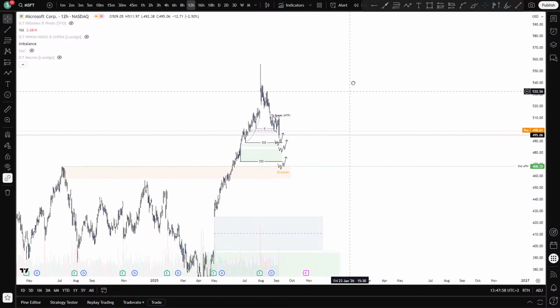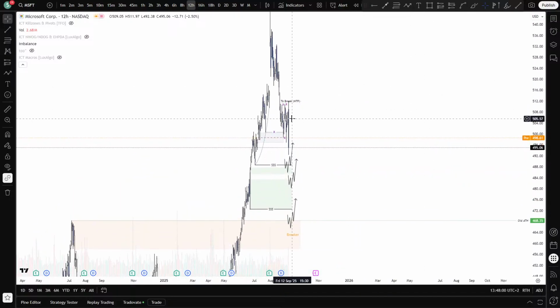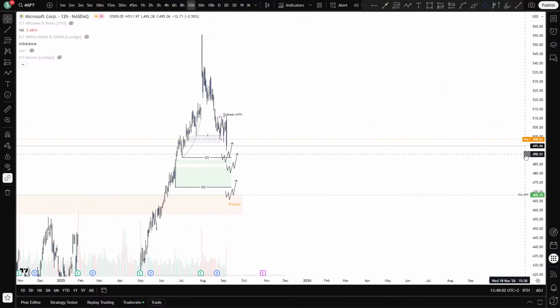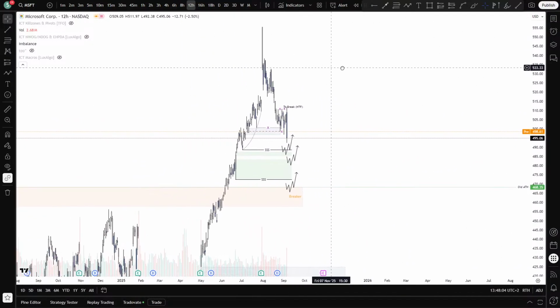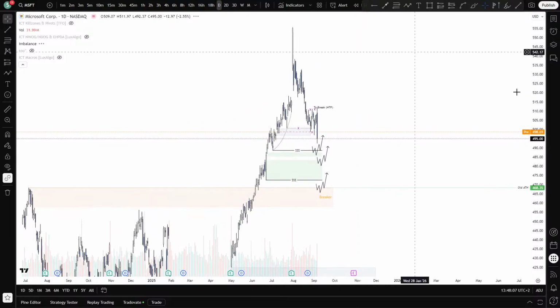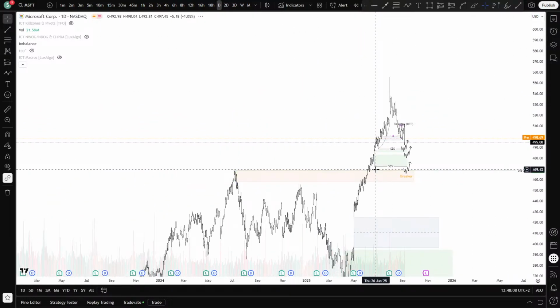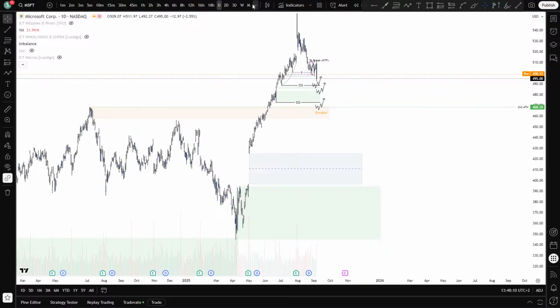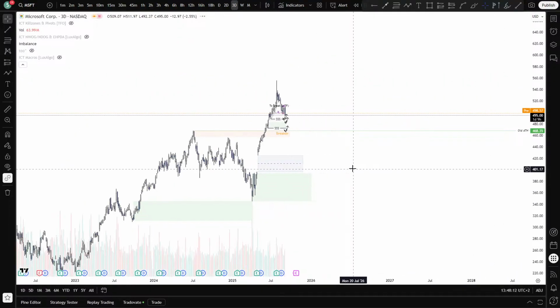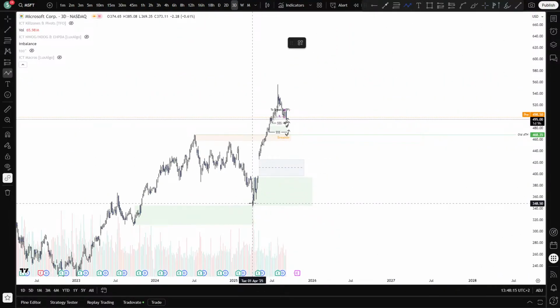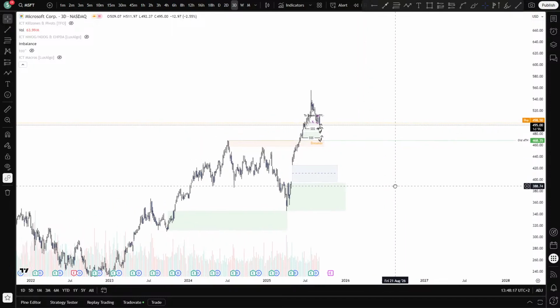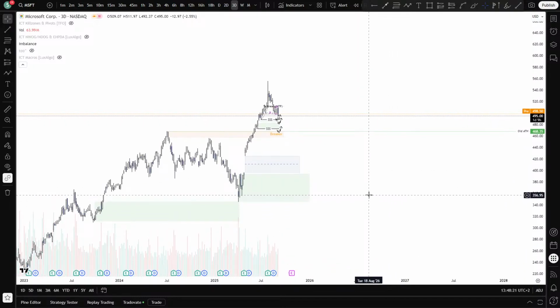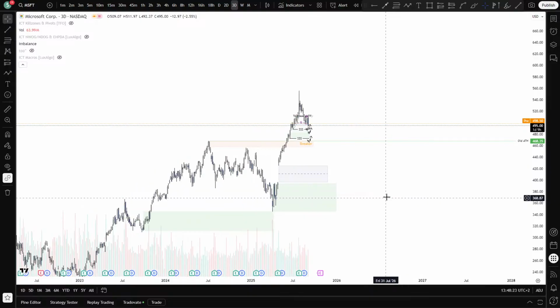Microsoft. Alrighty. Yeah, this is an interesting one. Higher time frame, this has enough. We called this bottom as well, but from there we have just been pumping and pumping and pumping.